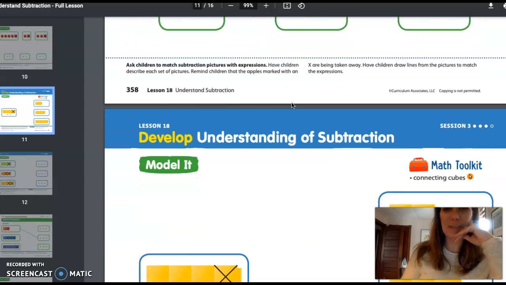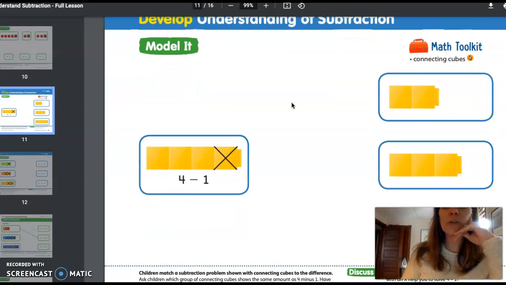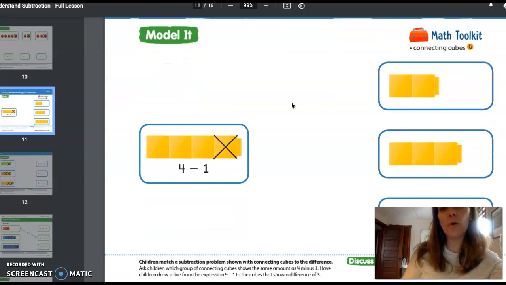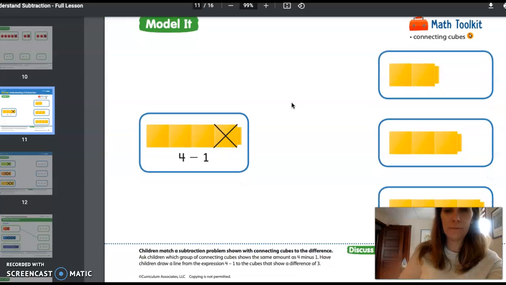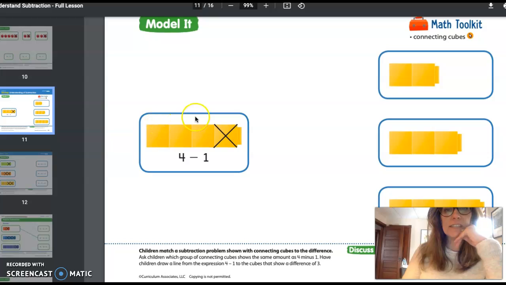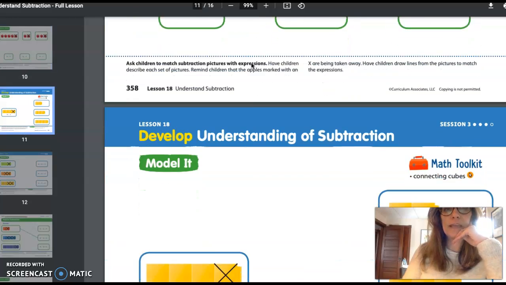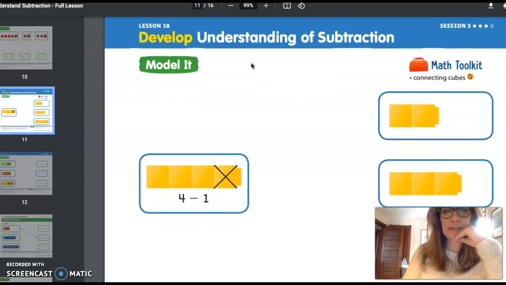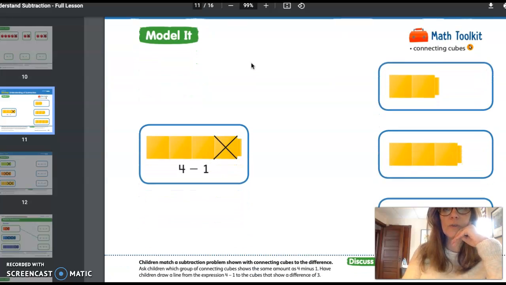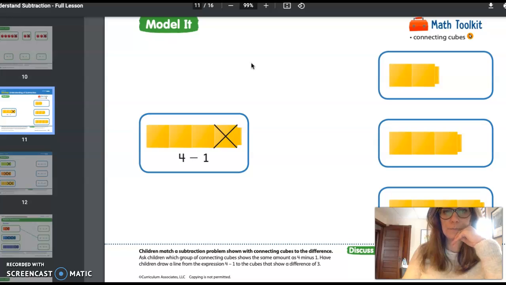Let's go ahead to the next page now, okay? So here we're doing the same thing, except we're only making one match, okay? Before we were looking at apples. Now on page 359, we're looking at our unifix cubes, our math cubes.